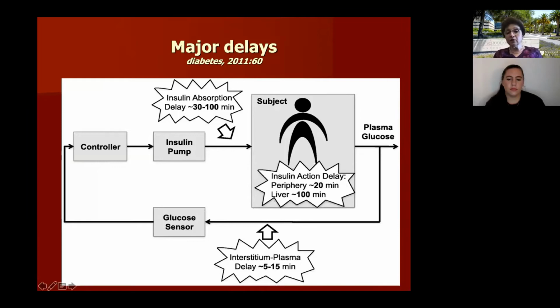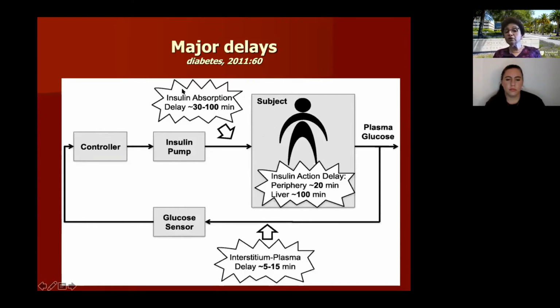Just to go over that, when you're giving insulin in the peripheral tissue, the insulin absorption delay is about 5 to 15 minutes. Add to that a sensor delay of about 10 to 15 minutes. If you're using the pump, by the time your pump controller analyzes this data, there's more time, and then it sends the data over to the algorithm.